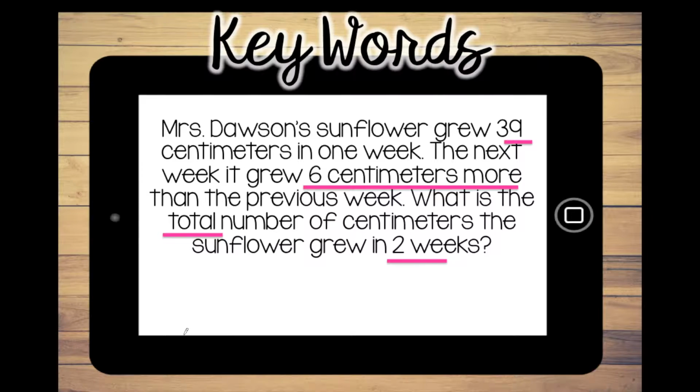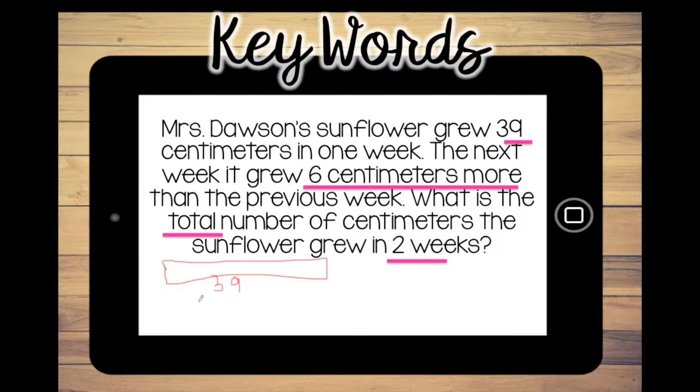All right, we know the first week it grew 39 centimeters. But the next piece of information says it grew 6 centimeters more than the previous week. So do we know how long it grew the second week? No, because that's what it's asking us. So let's write down what we know. We know the sunflower grew 39 centimeters the first week.